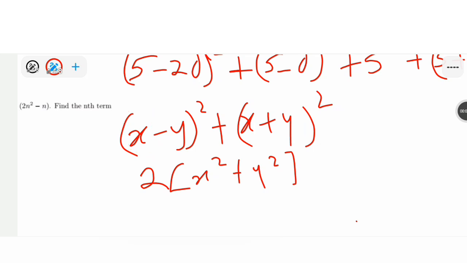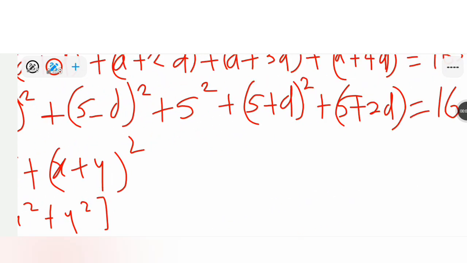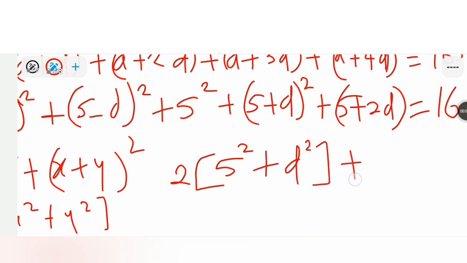So if you apply that here, for these two guys you just have the square of 5 and the square of d. So you're going to have 2 open brackets, 5 squared plus d squared, close the brackets, plus, then the next one, 5 squared will give you 25.